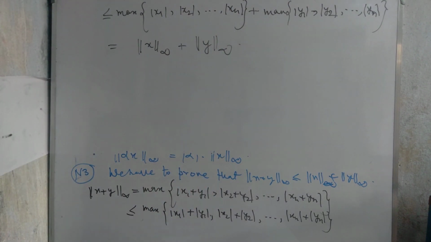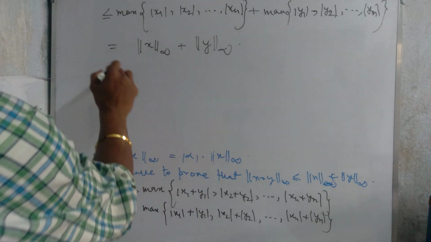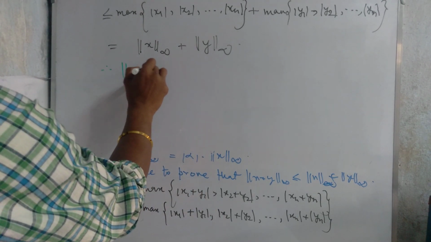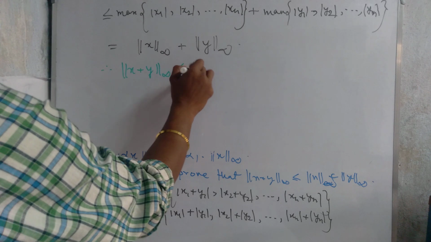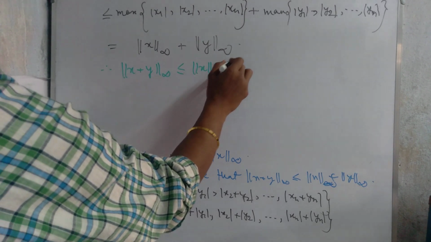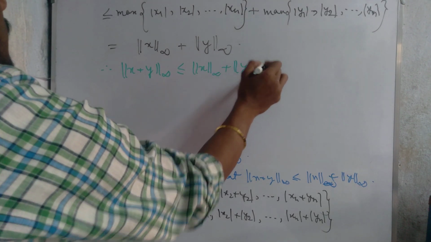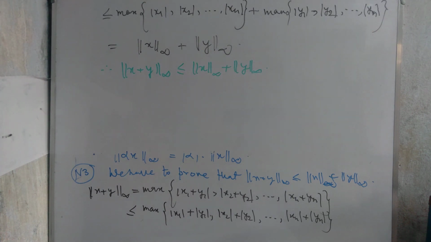So we get our required result: norm of x plus y infinity is less than or equal to norm x infinity plus norm y infinity. This is done. Not a problem at all.